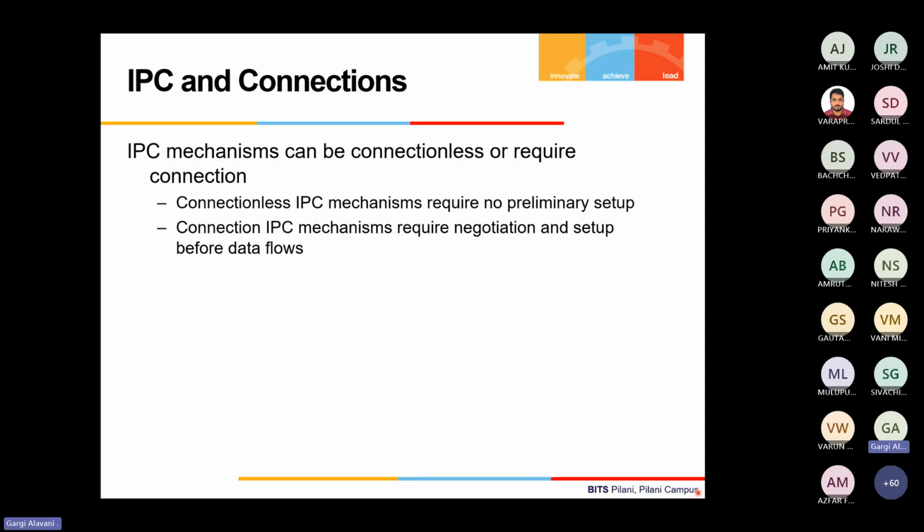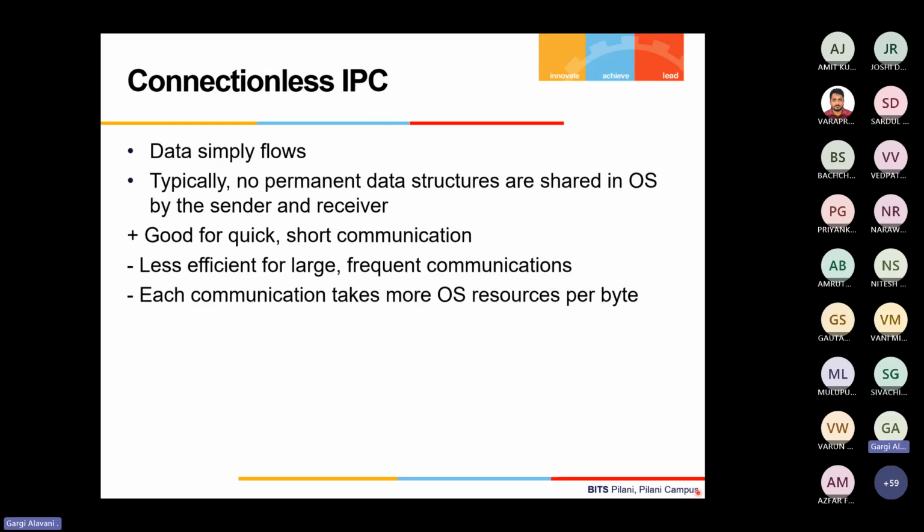When there is a connection, it requires proper negotiation and setup before we start the data flow. In connectionless, typically there is no permanent data structure shared in the OS by the sender and the receiver of the communication. This is great for quick and short communication, but when we have large and frequent communications, this is not ideal.